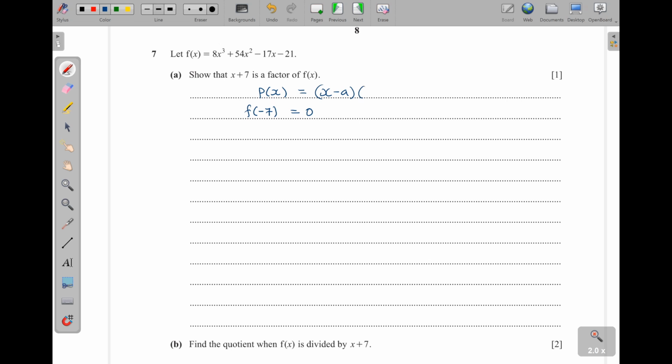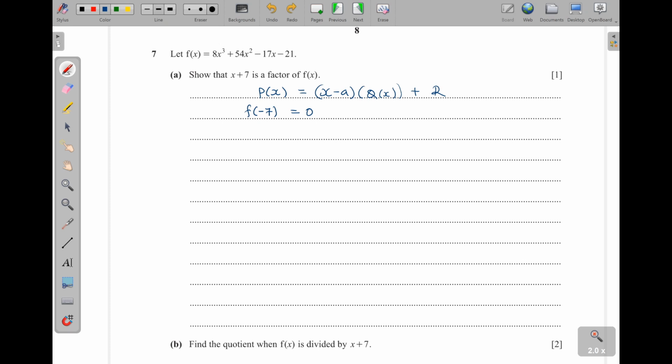Then we have the quotient of x, plus the remainder. Now, when x is equal to a, this whole thing is going to go, and you get a remainder of 0. That means when I put x is equal to a in the polynomial, I get the remainder. So this is what we call the factor remainder theorem.